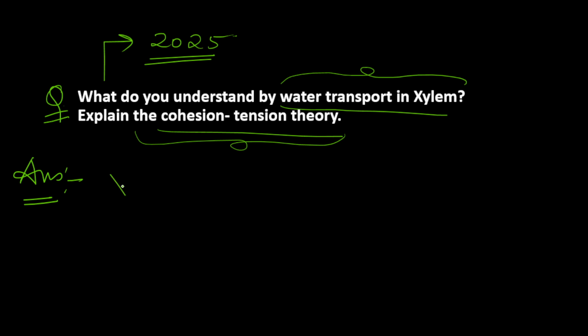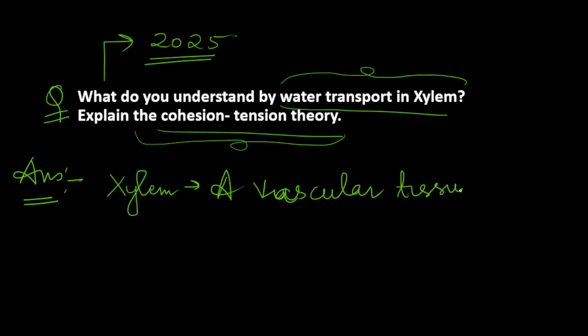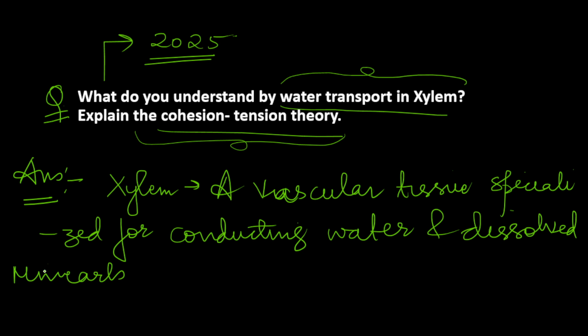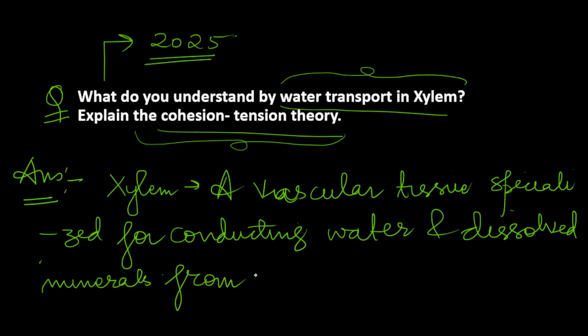So let's start. So Xylem, what is Xylem? Xylem is a vascular tissue specialized for conducting water and dissolved minerals from roots to the leaves.